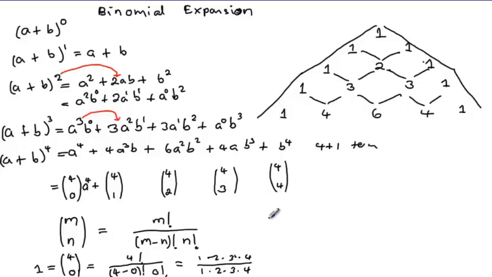Now, coming to the second term, we've got 4 choose 1. Just for remembrance, you can try to remember these things this way. You can say 0 for initial term, isn't it? The starting point term. Then you start counting 0, 1, 2, 3, 4. Okay?